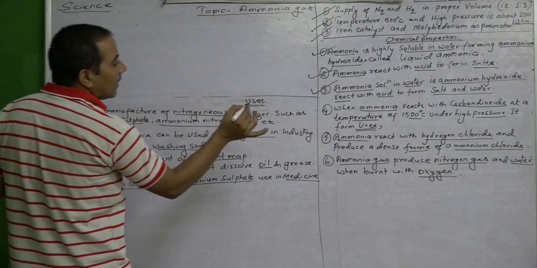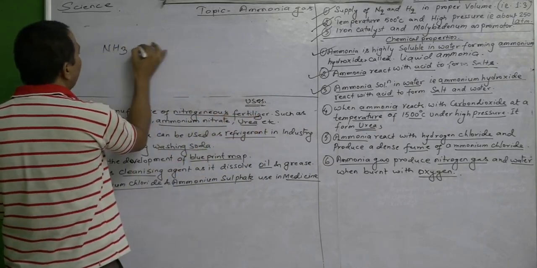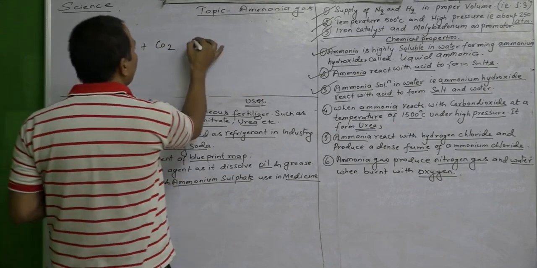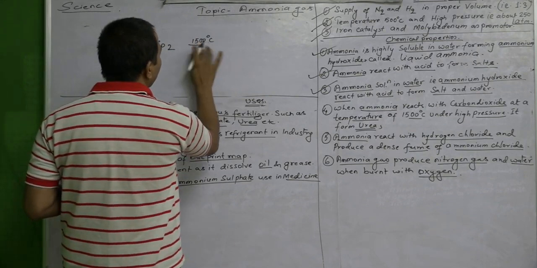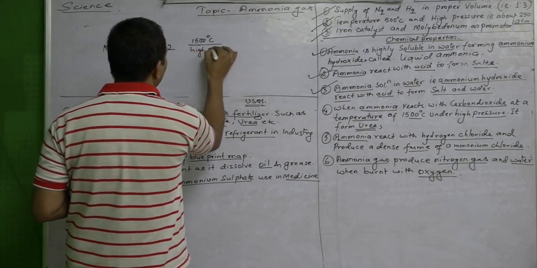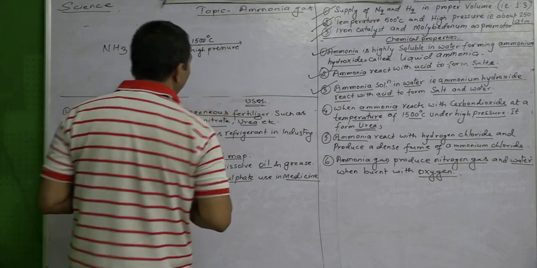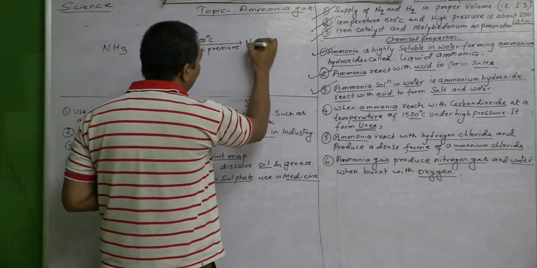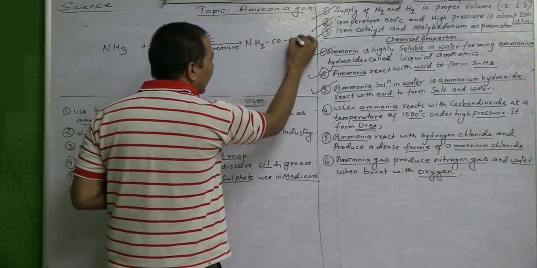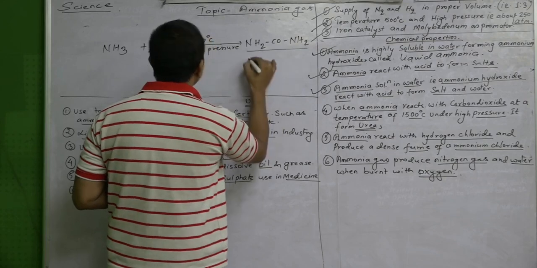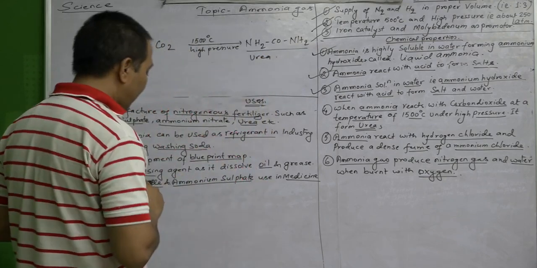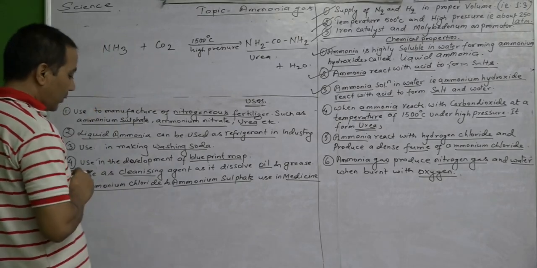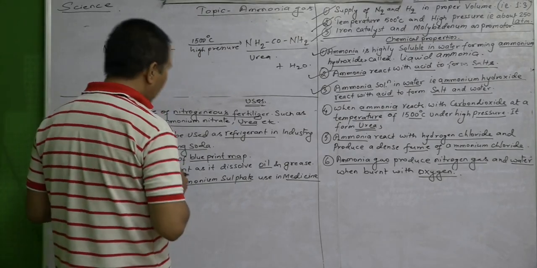Let us take the example: NH3 plus CO2, at 1500 degrees Celsius with high pressure, will produce NH2 as we have done, that is urea, and water.